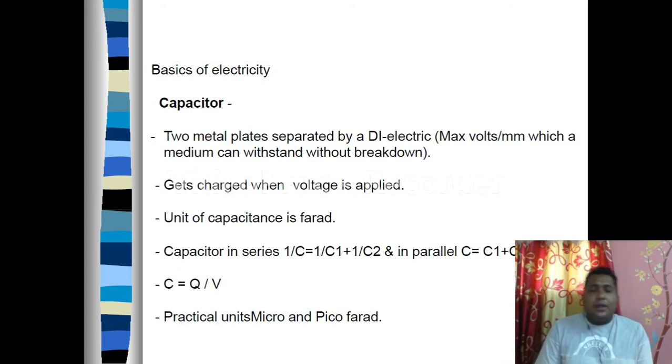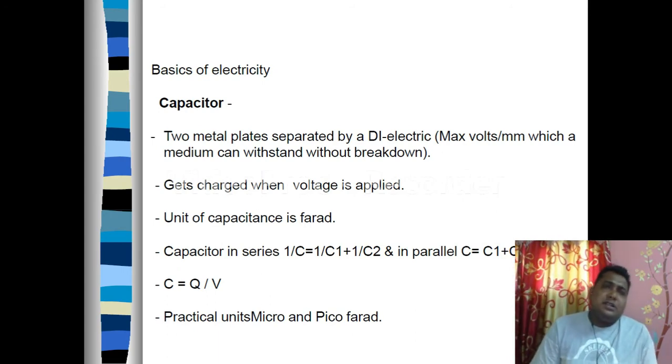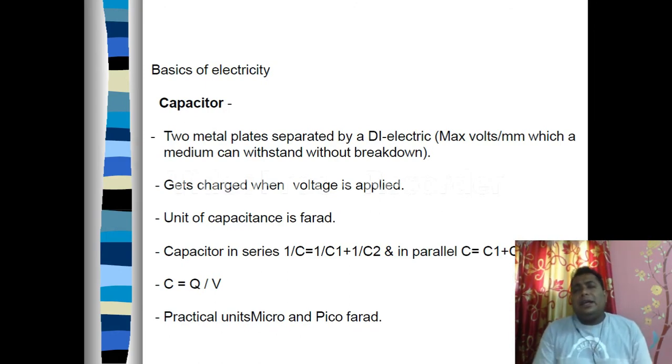It is the farad. Now we know the series and parallel combination of resistances from school level. If resistances are connected in series, they are directly added. If they are in parallel connection, there is an inverse relation between them. In the case of capacitors, the mathematical expression is totally opposite. If two capacitances C1 and C2 are in parallel, they are directly added: C = C1 + C2.